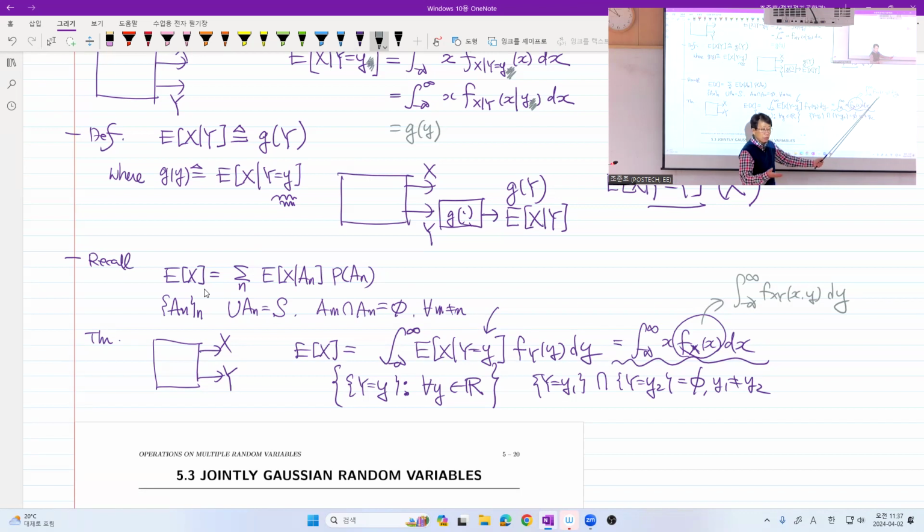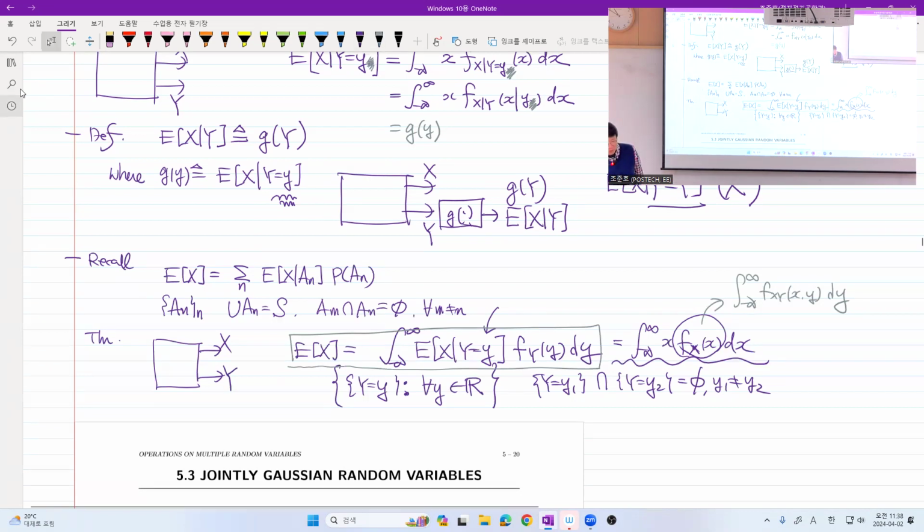And then you group x times the conditional density of x given y to have the conditional expectation of x given y. And then you have the marginal density of y and dy. That is this one. So you have this result. That's very interesting.